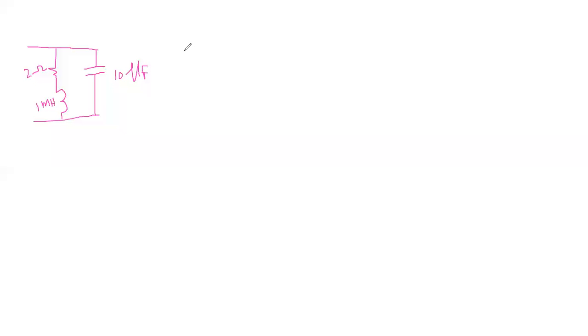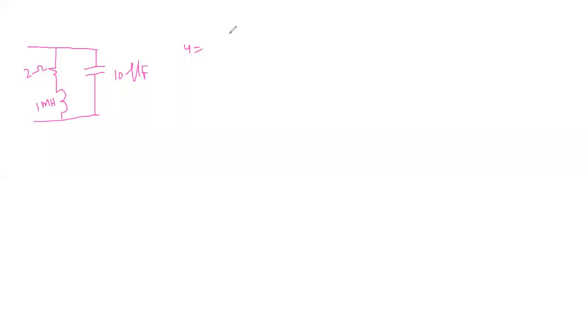So here, see here, our aim is to calculate admittance. Y equal to, these two are in series, right? Resistance and inductance are in series, right? Resistance and inductance are in series and parallel with capacitance.